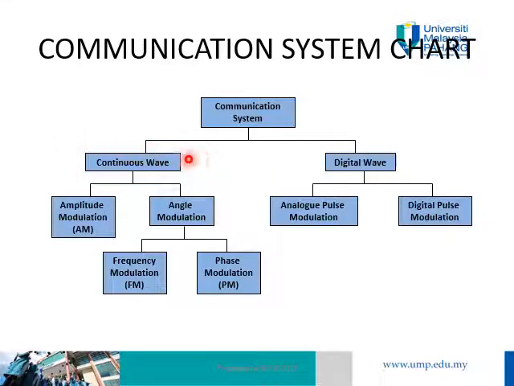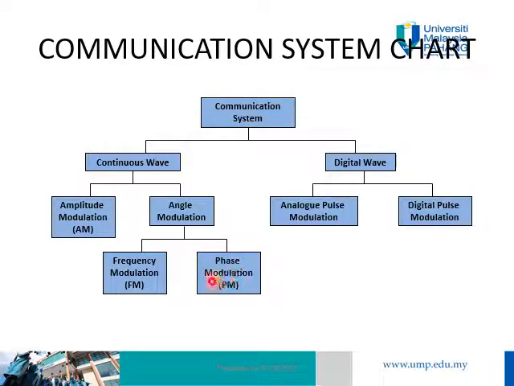In continuous wave, we divided into two, which is amplitude modulation AM and angle modulation. And in angle modulation, we have two classes, which is FM frequency modulation, and another one is PM phase modulation.